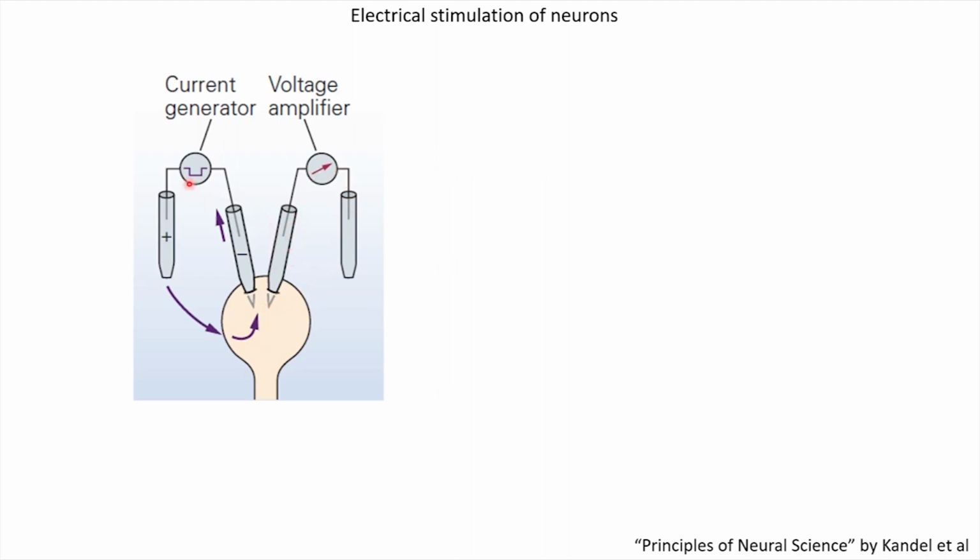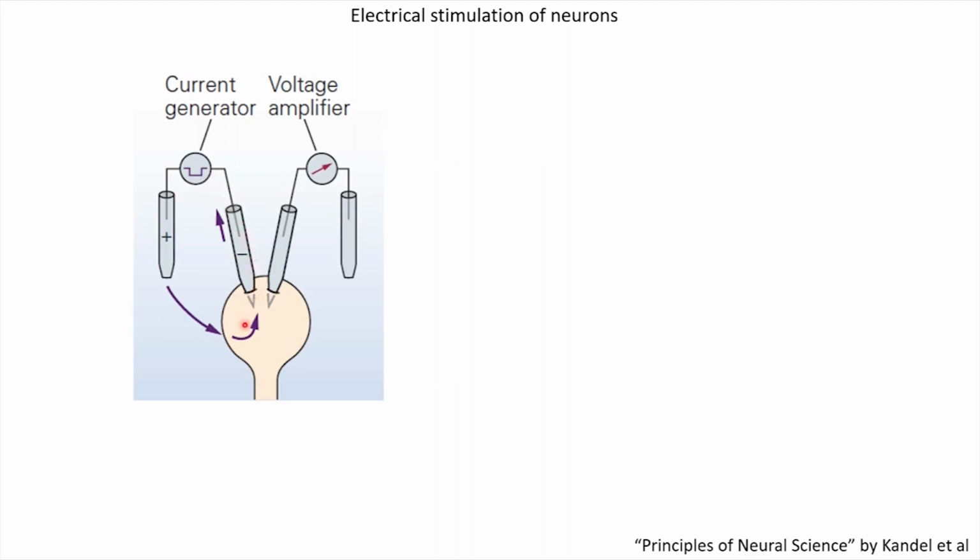Now you have a second pair of electrodes where one is placed outside as the reference and one goes inside the neuron, and this second electrode can be used for stimulating the neuron. If this electrode is connected to some current generator, then whatever current you generate here will be passed into the neuron, and you can generate both positive currents or negative currents.